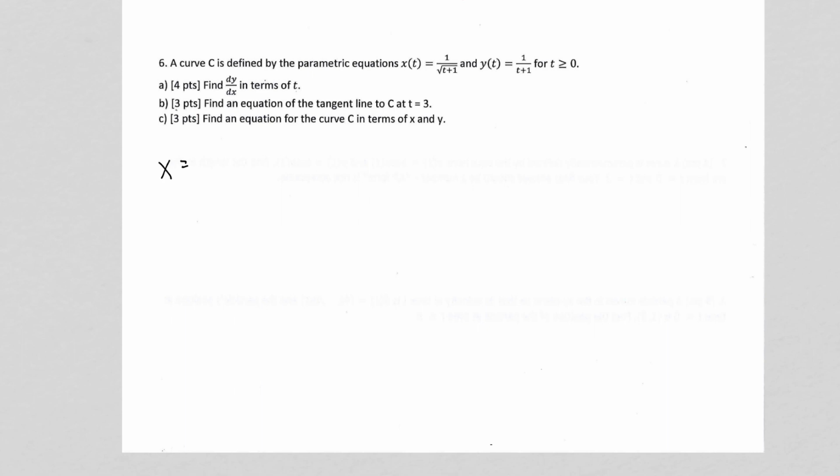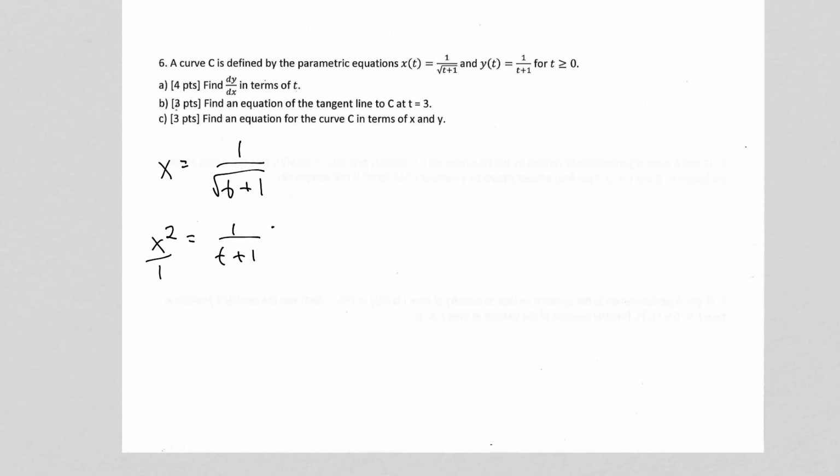x is equal to 1 over the square root of t plus 1. I can do a variety of things here, but I guess what I'm going to do is square both sides. That gives me x squared is equal to 1 over t plus 1, because the 1 squares out to a 1, and then the square root in the bottom gets canceled. From there, I'm going to flip both sides in order to help you see why I can do that.